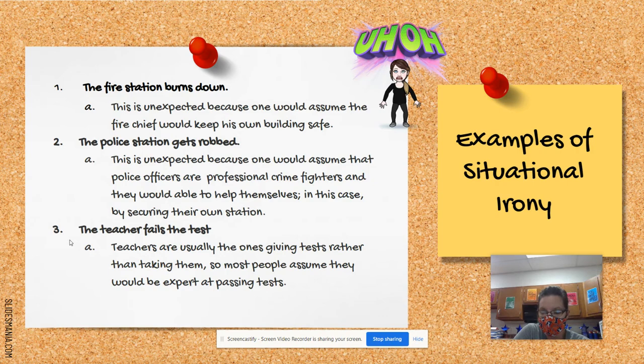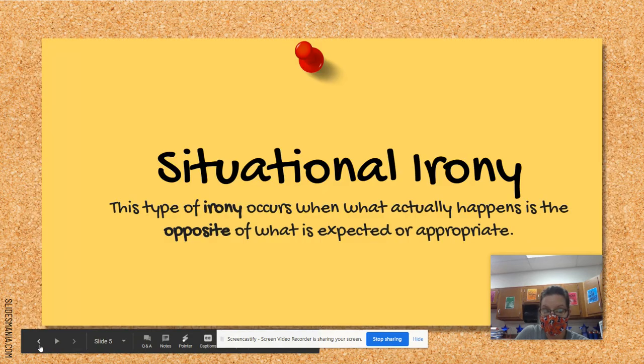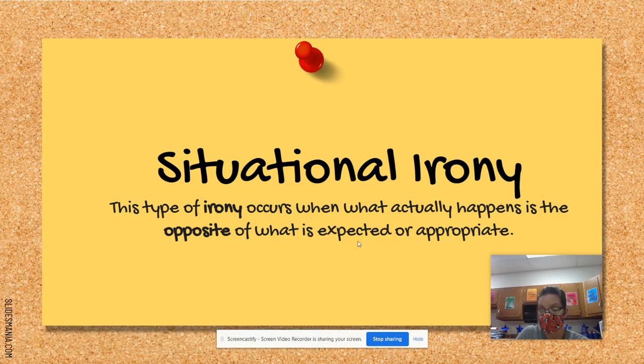Teachers are usually the ones giving tests rather than taking them, so most people assume they would be experts at passing them. All three are examples of situational irony, because what's actually happening is the opposite of what we would expect.